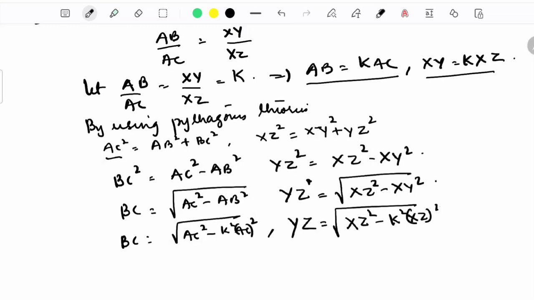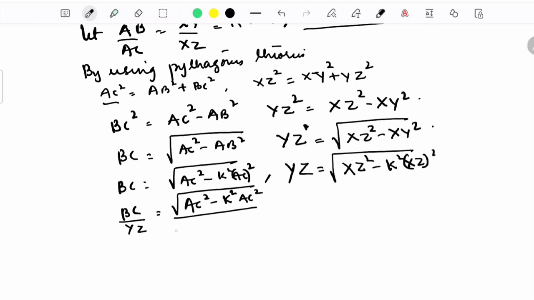Okay. So now BC, we will divide BC by YZ, that will be equal to root of AC square minus k square AC square divided by root of XZ square minus k square XZ square.